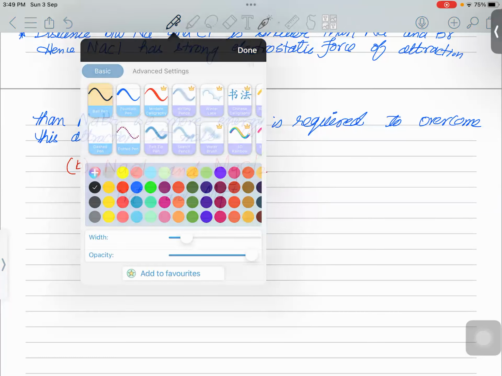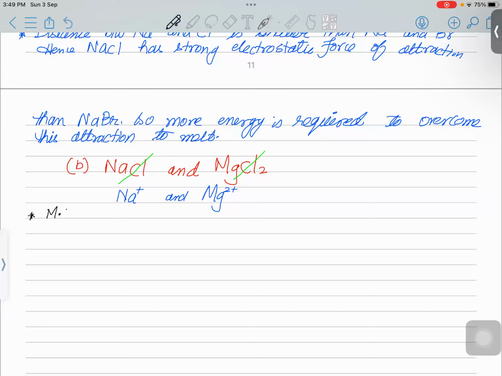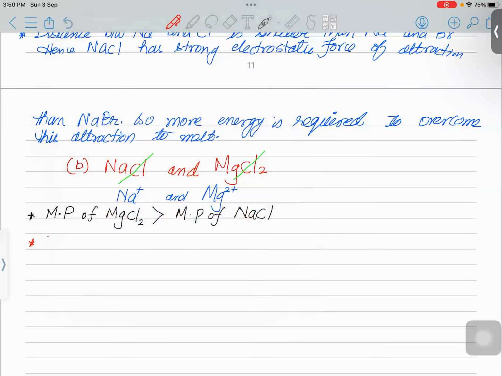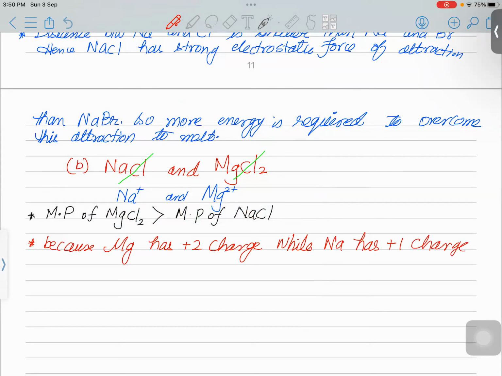So first point, the melting point of MgCl2 is greater than the melting point of NaCl because magnesium has +2 charge while sodium has +1 charge.